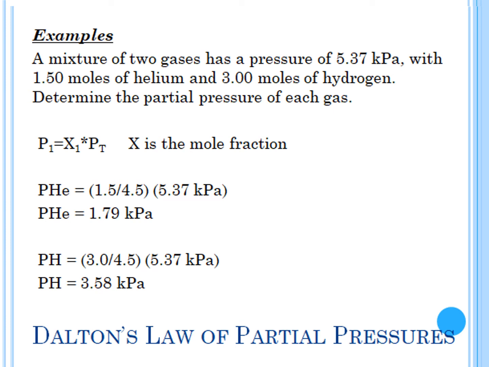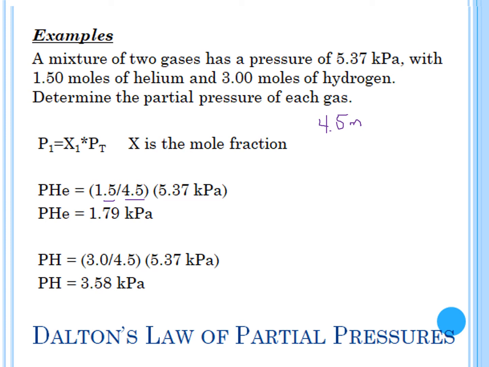We're looking at what fraction of the total is each gas. So in total, we have 4.5 moles, and 1.5 out of those 4.5 moles is helium. So there's my mole fraction, 1.5 out of 4.5 times the total pressure of 5.37 is 1.79 kilopascals.